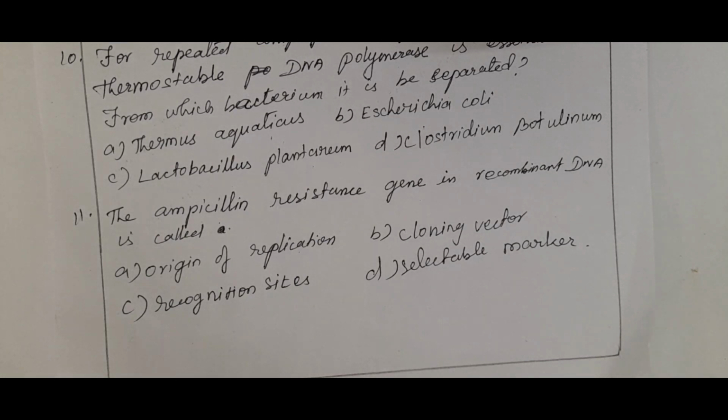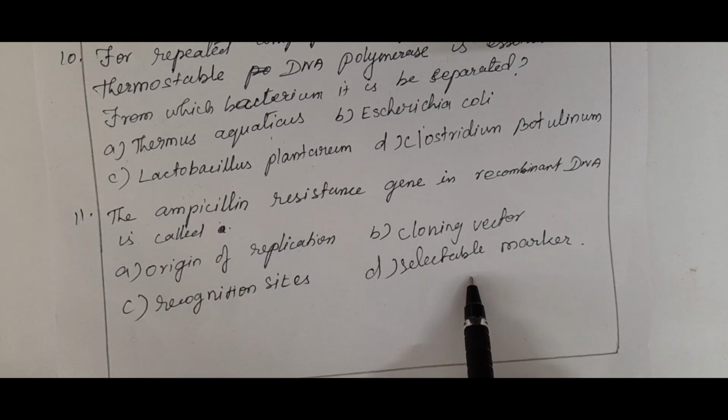The next one is selectable marker. This is the correct answer for this question. The ampicillin resistance gene in recombinant DNA is called a selectable marker.